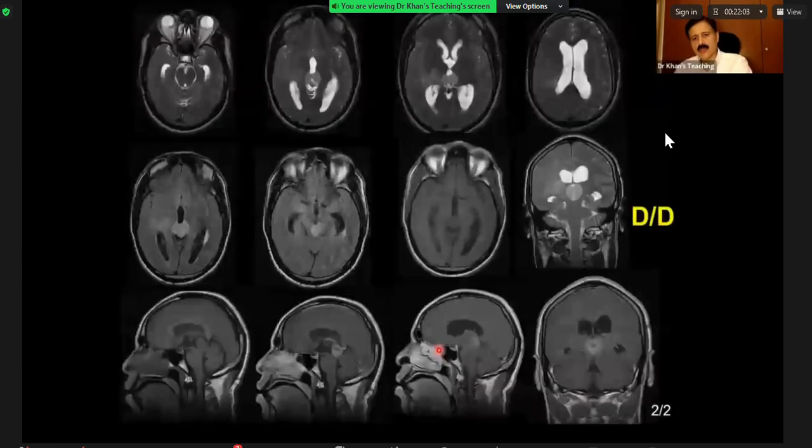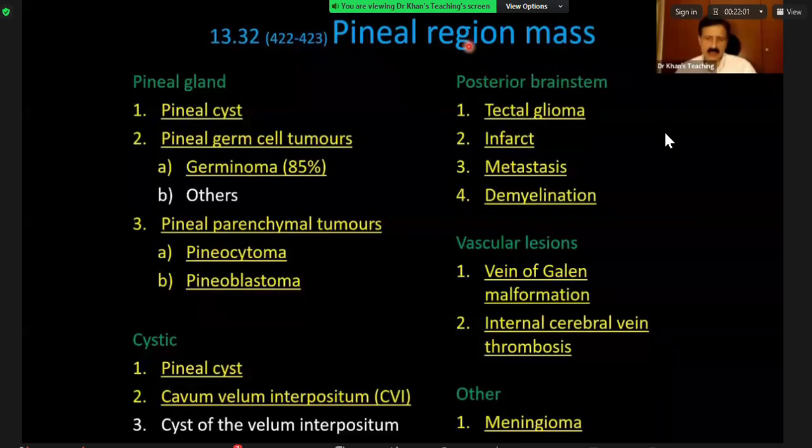Okay. So the point is that pineal region masses, the take-home points for the exam: pineal cyst is a very, very common incidental finding. Usually we don't consider it symptomatic. But the tumors, the most common tumors of the pineal, there is a lesion, by the way, which is pineocytoma.